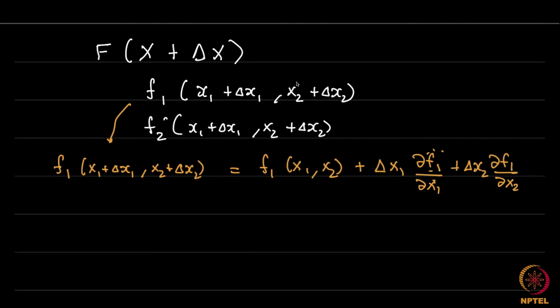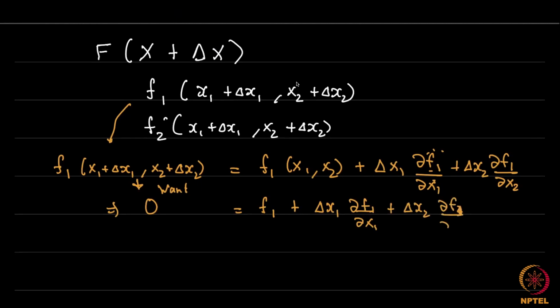So we want this to be driven to 0. This is what we want. So this tells us f1, and I am going to leave it as f1, it is understood that this is being calculated at x1, x2, plus delta x1 del f1 del x1 plus delta x2 del f1 del x2.